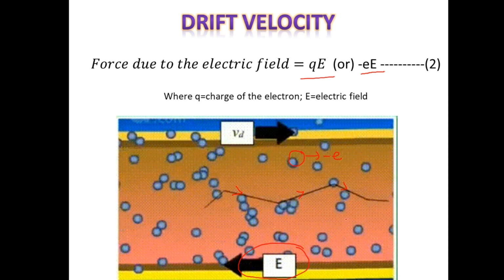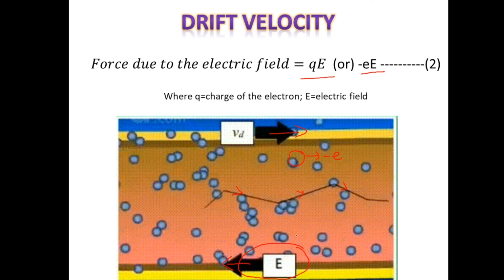Let me explain why the electric field and the drift velocity, that is the velocity with which the electrons are drifted, are opposite in direction. The reason is that when we supply an electric field, it means we are connecting a battery. When a battery is connected, there will be a positive terminal as well as a negative terminal.